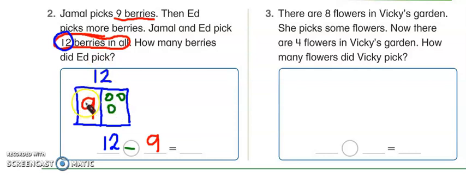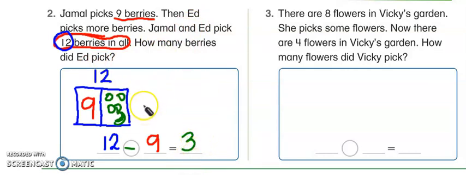My number here is 3. So 12 minus 9 is 3. So if I were to answer it with a complete sentence, I would say, how many berries did Ed pick? Ed picked 3 berries. That would be my complete answer.